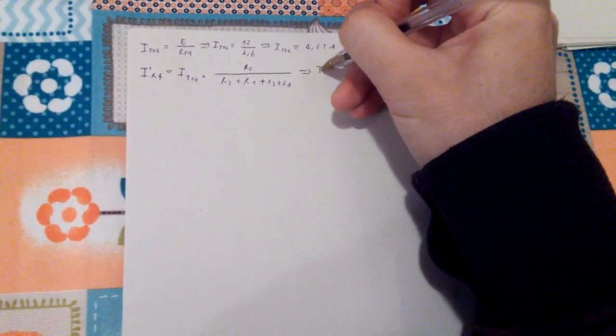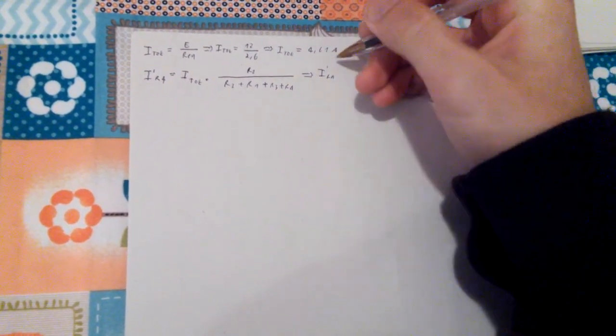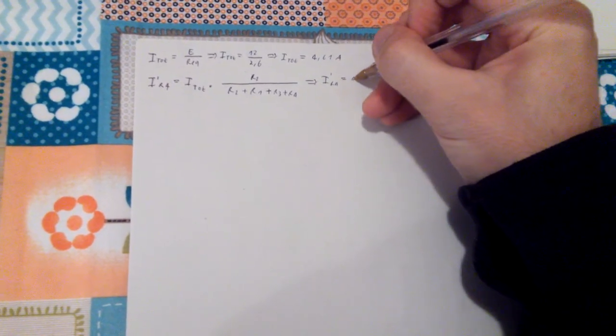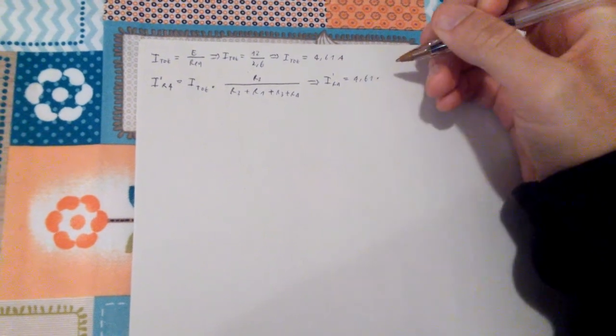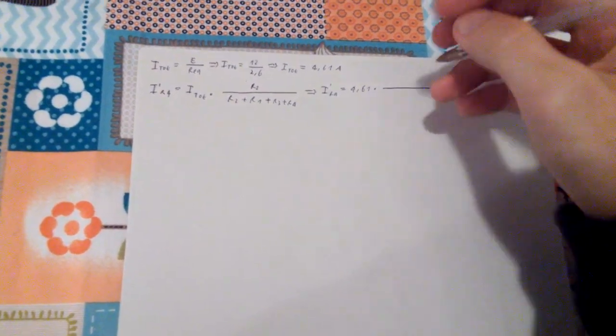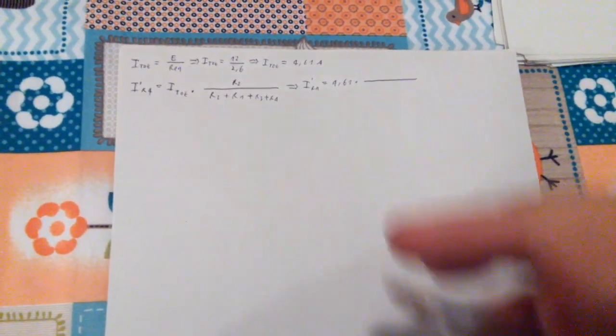And again, if we plug numbers into this, we get that I total, which we have just found is 4.61 amperes, times R2, which is 2 ohms, over 2 ohms plus 1 ohm plus R3, which is 3 ohms, plus R4, which is 4 ohms. I'm really sorry.